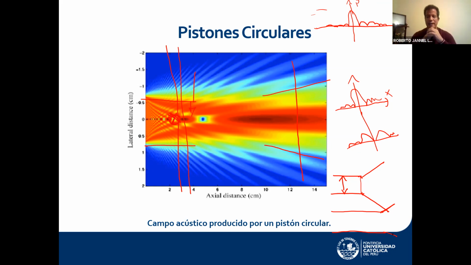The only reason why that doesn't happen with the description we're having right now is because that expression requires me to go very far away when the transducer gets bigger, right? And even though the beam itself in degrees gets smaller, in actual distance, it actually gets even bigger, right?